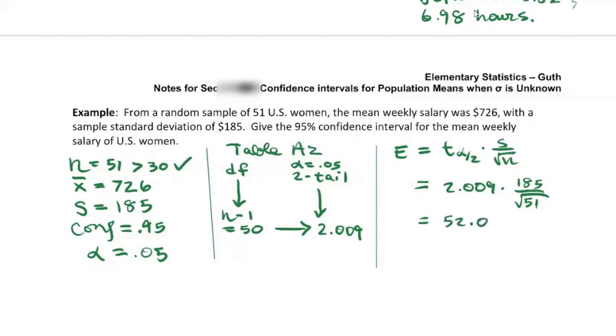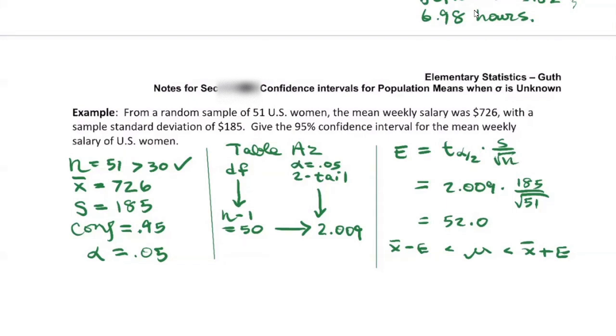So when we do X bar minus E less than mu less than X bar plus E, X bar was 726. 726 minus 52.